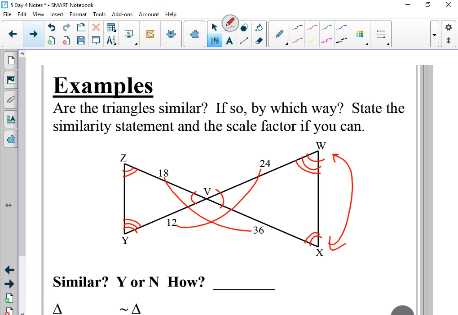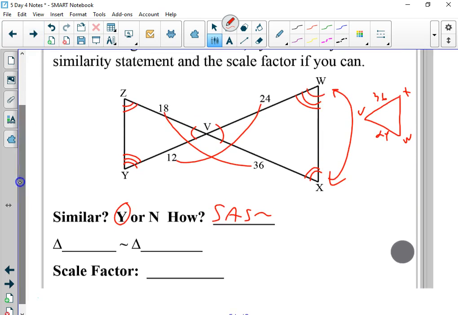Because what we really want to do is do this, and put the 24 here and the 36 here. So, are they similar? You betcha. How? By SAS similarity. We don't know what the angle is, we just know they're equal.